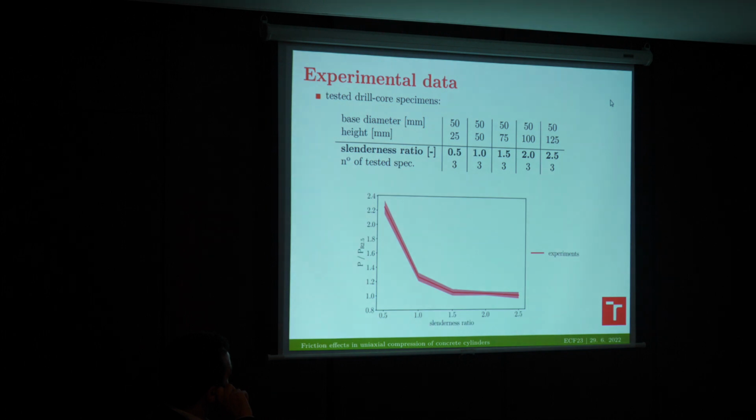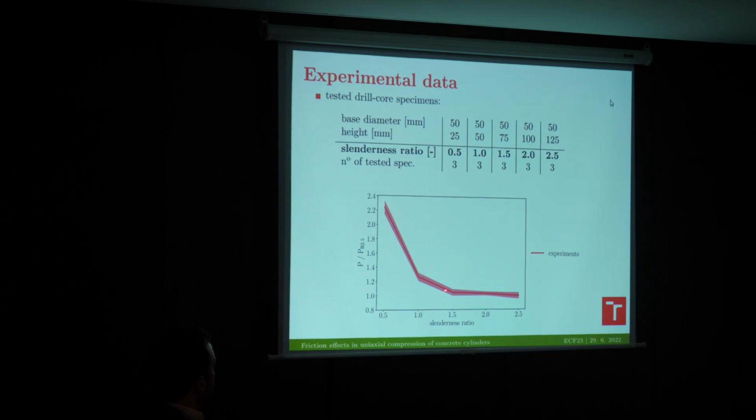Now let's take a look at the results of the simulation. In the graph you can see on the x-axis the slenderness ratio starting at 0.5 up to 2.5. And on the y-axis there is the maximum force which was needed for the collapse of the specimen, normalized with respect to the force obtained for the tallest specimen. Now, as you can see, for the tallest specimens there is not much of a difference in the resulting force.